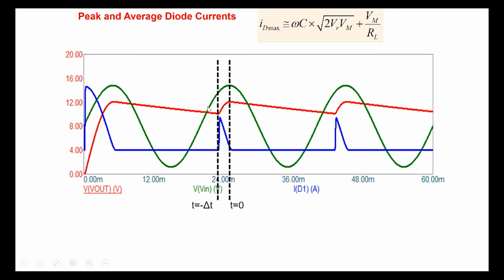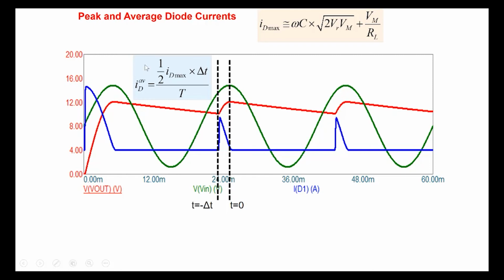The average current is, well, if we want to calculate the average diode current, the diode current flows like this. It starts with a high value here, goes to 0, then remains 0, then again the diode turns on and it goes like this.